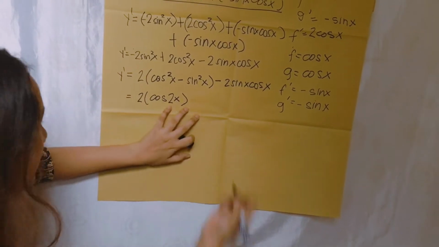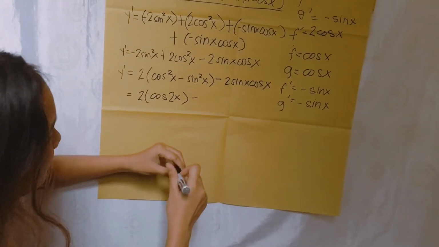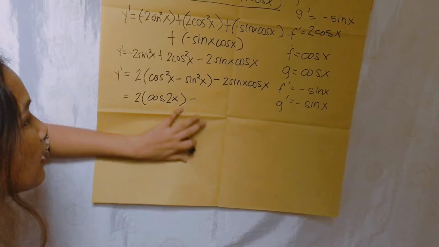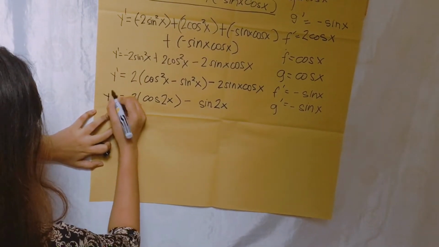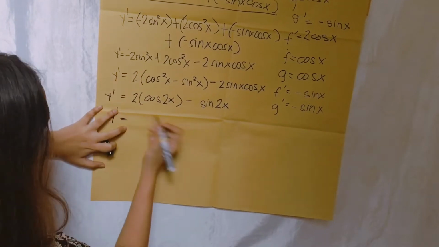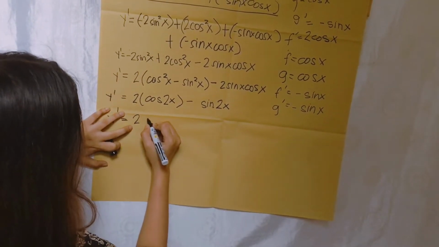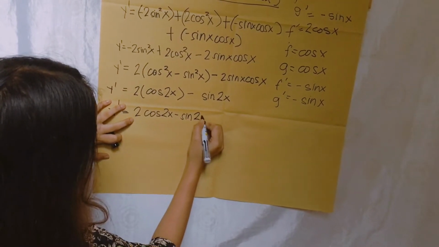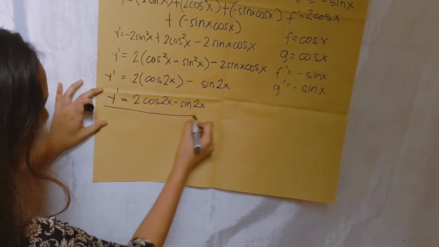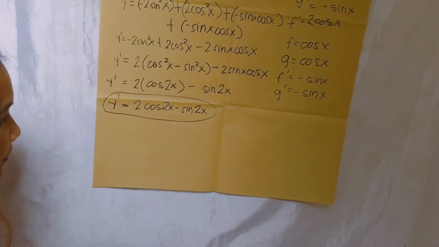And 2 sine x cos x is also equivalent to sine 2x by the double angle formula. And now we have the derivative of the trigonometric function. This is our final answer.